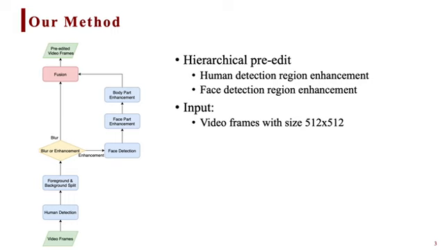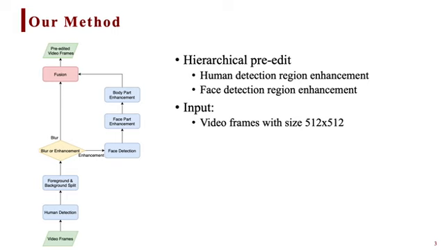For the human area, we do the enhancement action, and then we refine the human area with another step of enhancement. Then we do face detection on the human area, and we get the face part, and we do another enhancement on the face part, and the body part gets another enhancement.